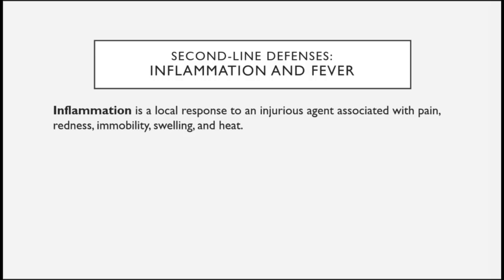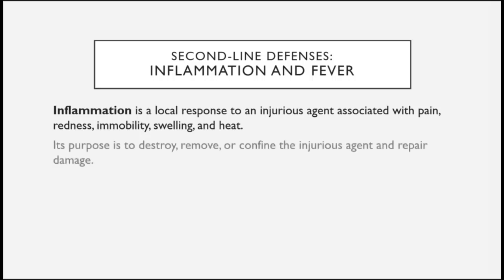Inflammation is a local response to an injurious agent associated with pain, redness, immobility, swelling, and heat. Its purpose is to destroy, remove, or confine the injurious agent and repair damage. There are several steps to this. First is vasodilation. Dilation of the blood vessels is responsible for much of the redness and swelling and immobility and heat to an area.